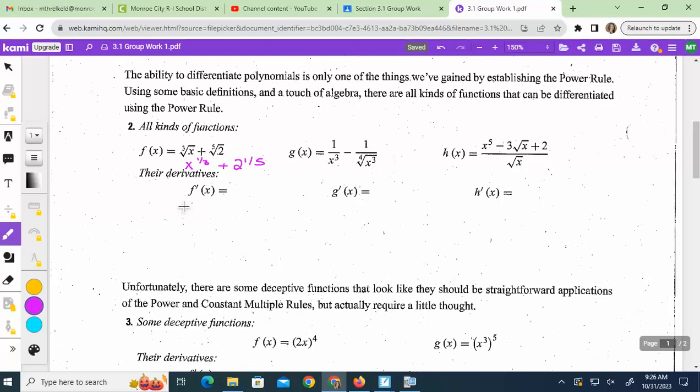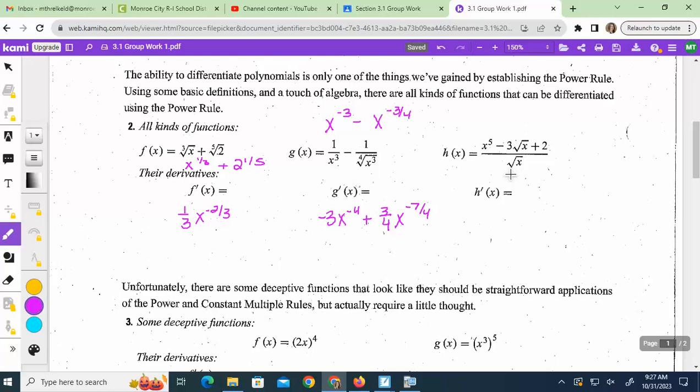So the exponent comes down, so this one would be 1/3 x to the negative 2/3, and that constant goes away. G, if you rewrote this, that would be x to the negative 3 minus x to the negative 3/4. So your derivative would be negative 3x to the negative 4 plus 3/4 x to the negative 7/4. You okay with that one?